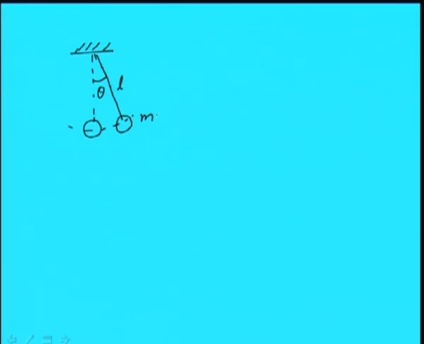From here the kinetic energy can be written directly: it is half I_P theta dot squared, where I_P is the mass moment of inertia of this ball about the center of rotation, so that is half m L squared theta dot squared.